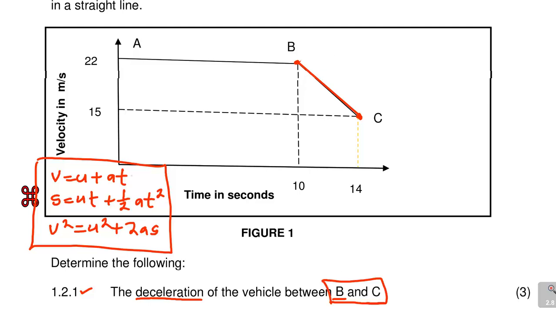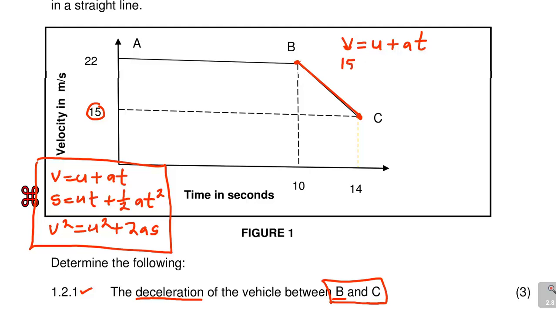If we're using the first one, we are going to have V is equal to U plus AT. Now in the first part, remember V is the final velocity, which is our C velocity at C. You can see that it is 15.